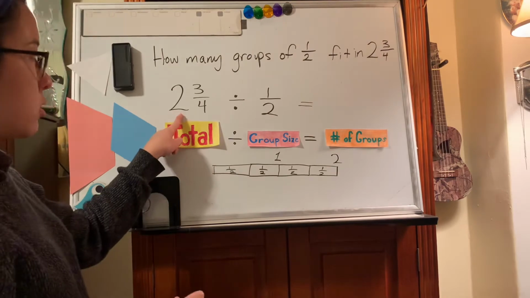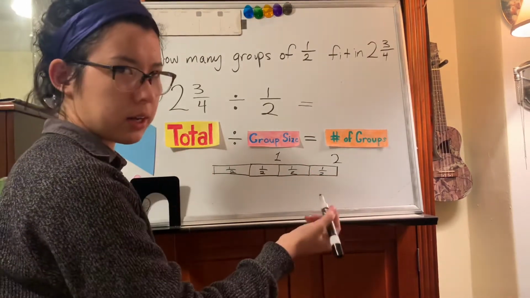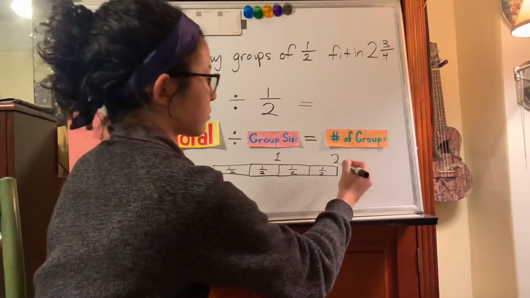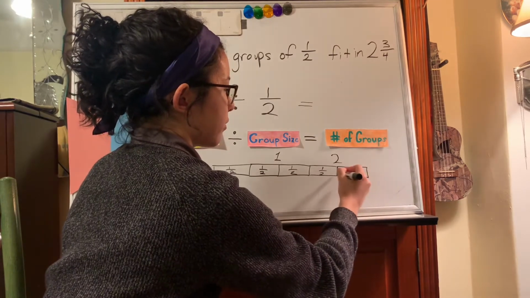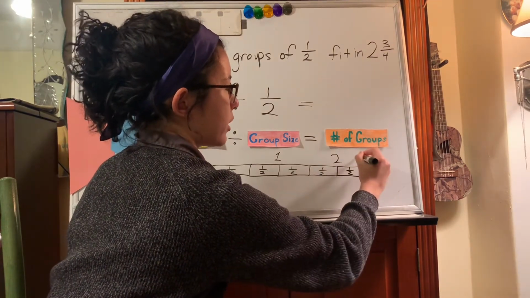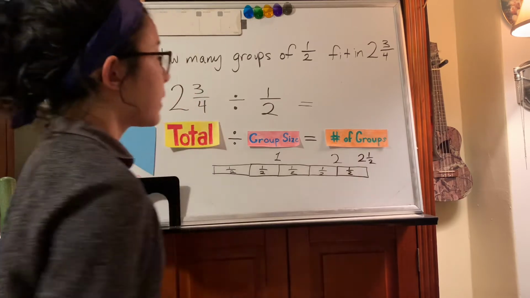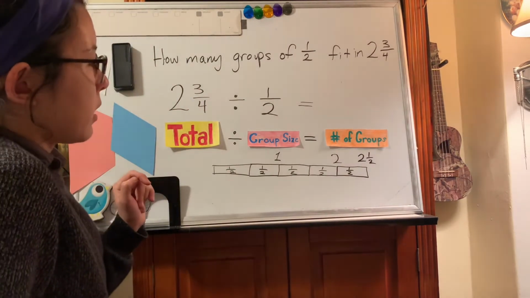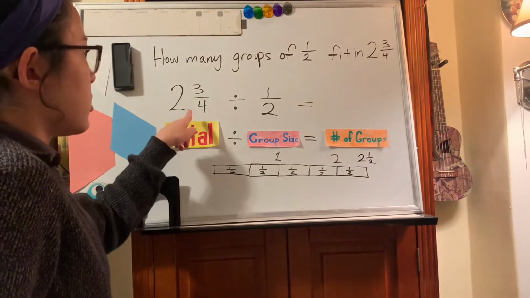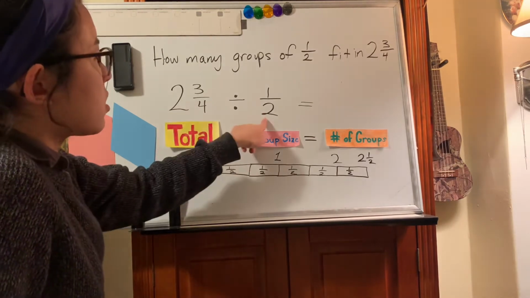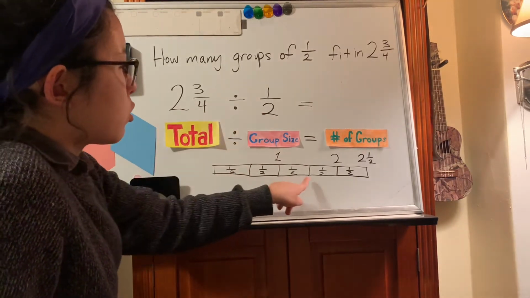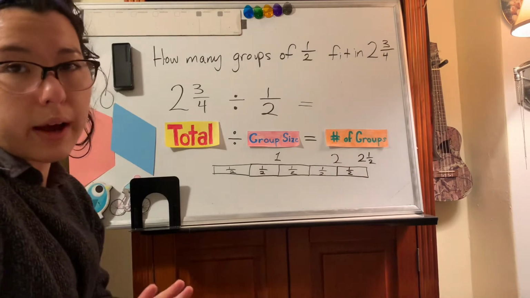We're getting kind of close to where our total is. Not quite there yet, so let's see how close we can get. If we add another half, we're now at 2 1/2. Now that's pretty close to 2 3/4, right? So you might be tempted to think, okay, so in 2 3/4, there's 1, 2, 3, 4, 5 groups of 1/2.